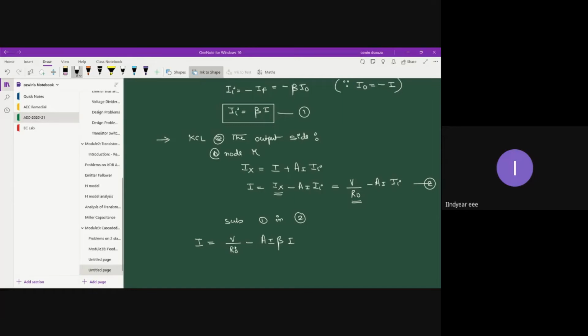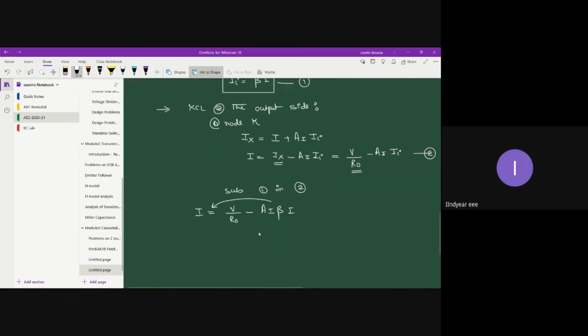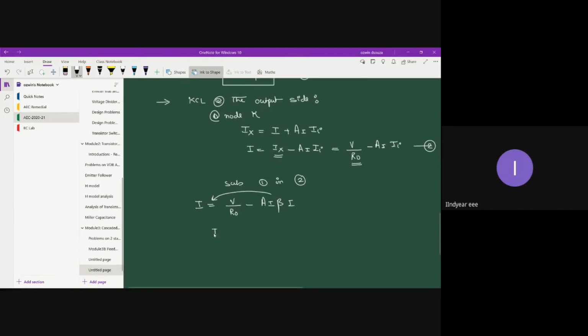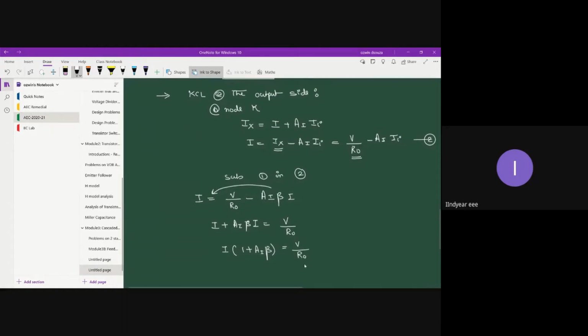What we can do is group the like terms together. Let me bring this negative term onto the left-hand side. So I get I plus AI into beta into I is equal to V by R0. Take out I common: I times 1 plus AI beta is equal to V by R0.